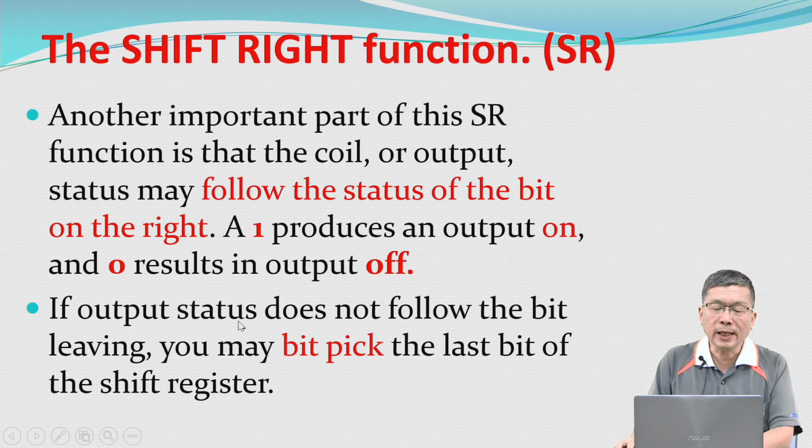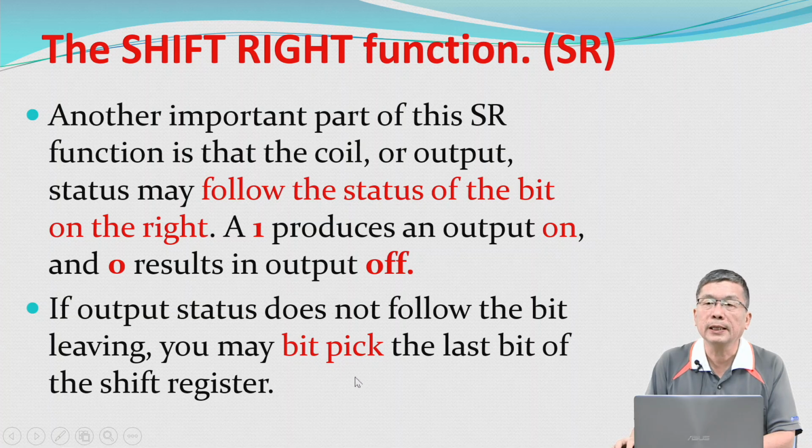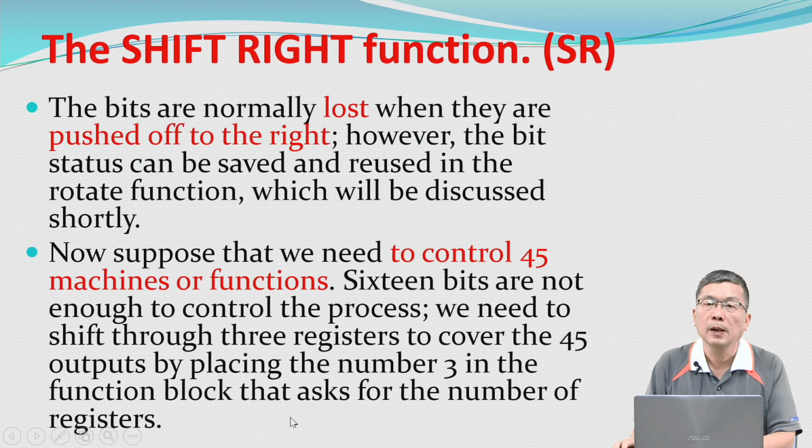If output status does not follow the bit leaving, you may pick the last bit of the shift register. The bits are normally lost when they are pushed off to the right. However, the bit status can be saved and reused in the rotate function, which will be discussed shortly.